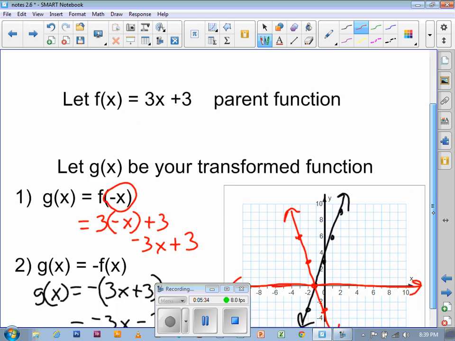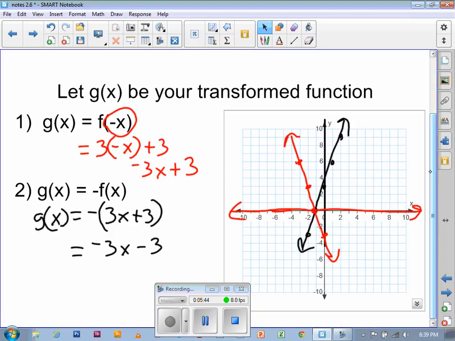If you want to reflect it over the x-axis, then you're essentially going to just apply a negative to the function itself. Notice it's very important that you use parentheses to apply that negative to all the terms in the function, and that will reflect it over the x-axis.